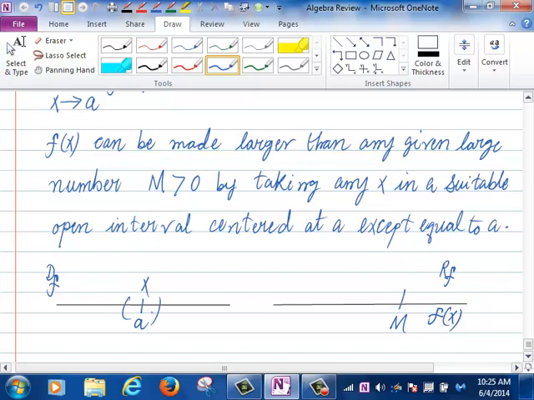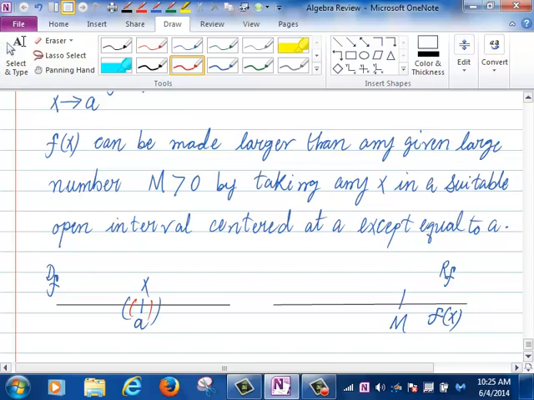Am I making sense? So now suppose you give me a large number, I find an interval for you and see that whenever x is in that interval, f of x is bigger than m. Somebody else says, I have an even bigger number that I can imagine, and if he gives me an even bigger number, then I might have to pick a little bit smaller interval centered at a, but I can pick one like that, okay?